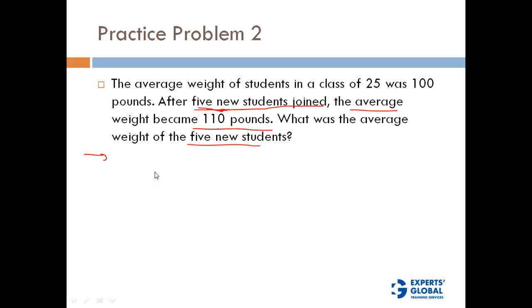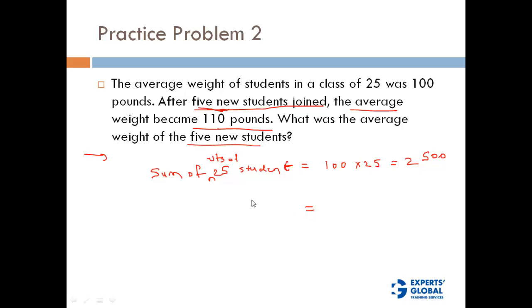Let's say, what is going to be the sum of first 25 students? Is going to be the average into 25, right? So average is 100 and 25. So the sum of weights of 25 students is going to be 2500. Now we have 5 new students. So how many students are we going to have? We are going to have now 30 students.